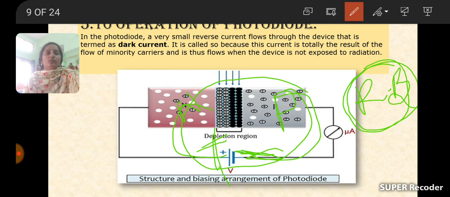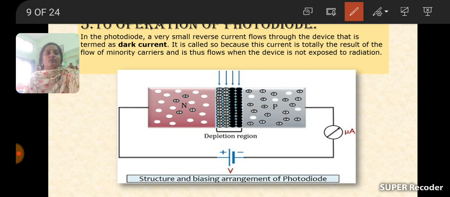In reverse bias, the majority charge carriers, electrons, move towards the positive terminal and the majority charge carriers, holes, move towards the negative terminal. So all the majority carriers move towards the battery, and there is no chance for them to move towards the junction. But a few minority charge carriers, holes in N and electrons in P, move towards the junction.